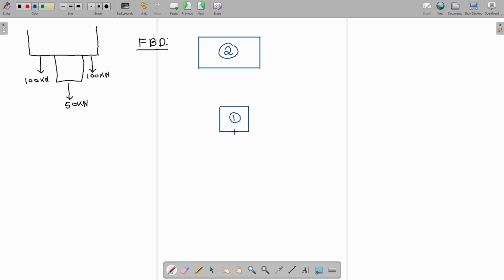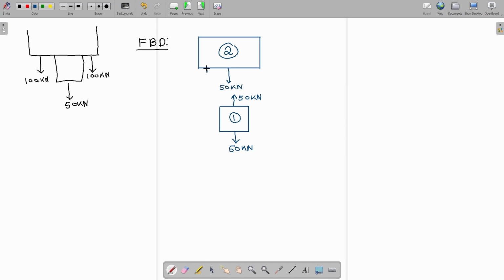Now, force is acting at this point like this. The load is given as 50 kilonewton. Therefore, an equal and opposite force will act like this. This force is also 50 kilonewton. Now, from this body, therefore, another force will be acting upon this like this. This load is also 50 kilonewton.